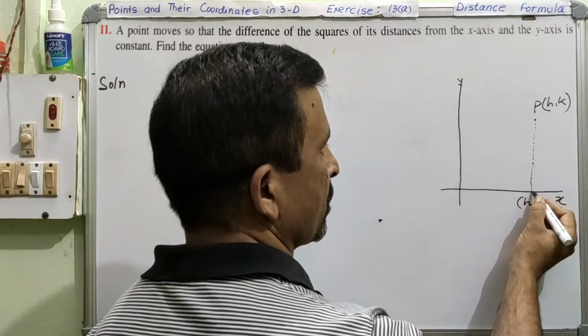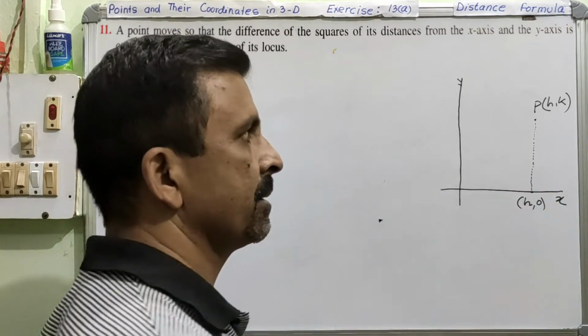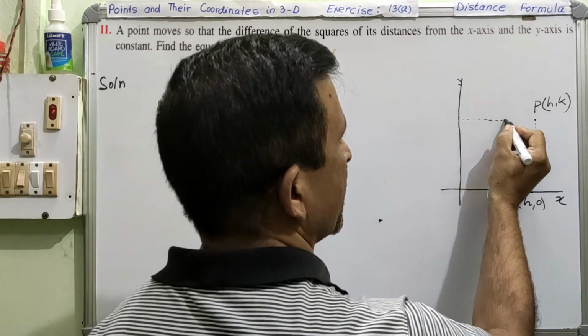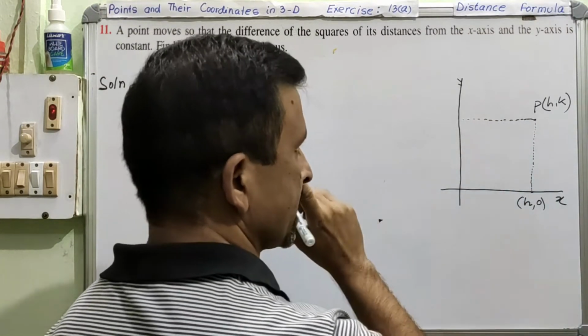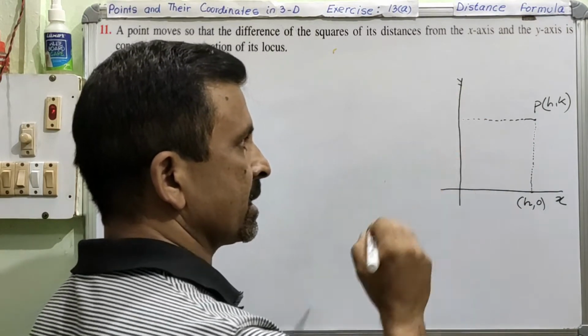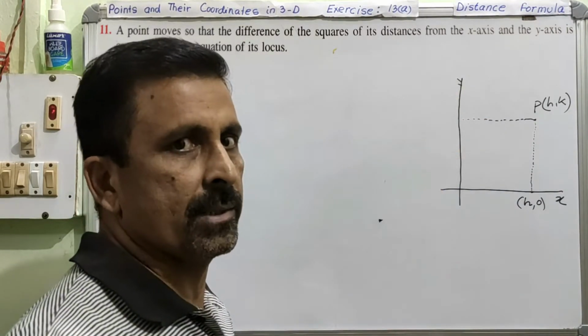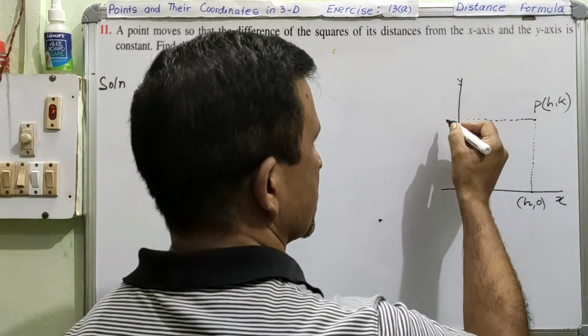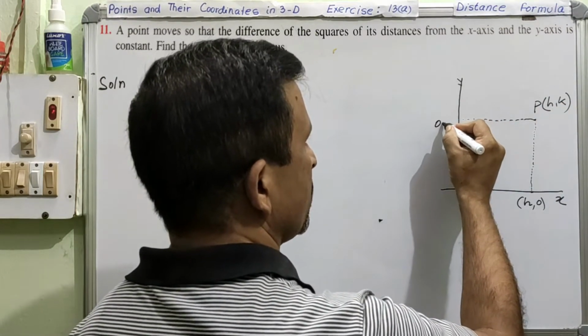Likewise, we can also drop a perpendicular from this point on y-axis. Please remember that on y-axis, x is always 0, and on x-axis, y is always 0. Therefore, the coordinate of this point will be (0, k).